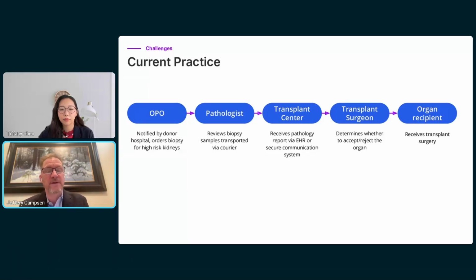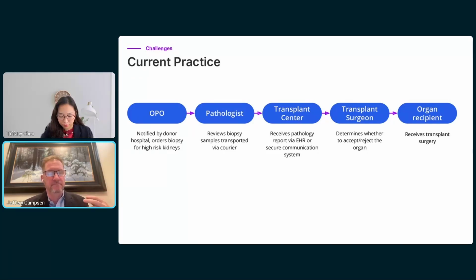Because of the rapid nature of organ donation, the best that we can do is get H&E slides, which are pretty good. They're the red and blue slides that people see. They allow us to look at the glomeruli and the arteries and a few other details. It goes to the pathologist, and the pathologist can read it. Some of the advancements with companies like Techcyte have meant that all of this is now uploaded digitally.